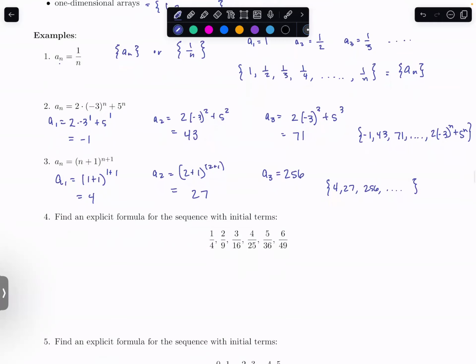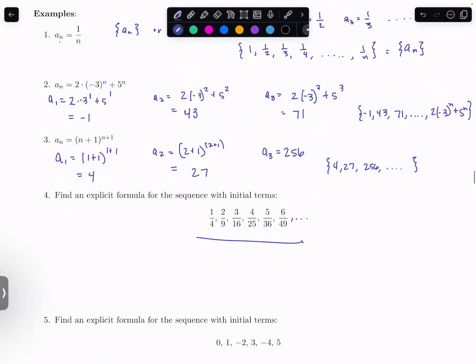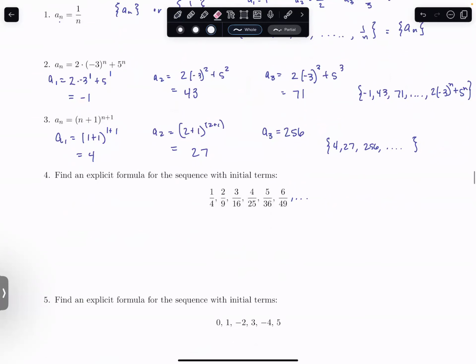Now sometimes you're going to be looking at the sequence and you're going to need to come up with the closed form version of the sequence, or the formula, for what this looks like. So you have 1/4, 2/9, 3/16, 4/25, 5/36.